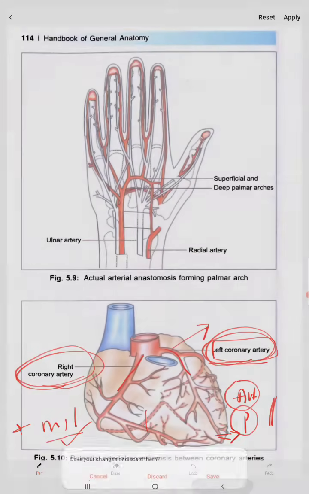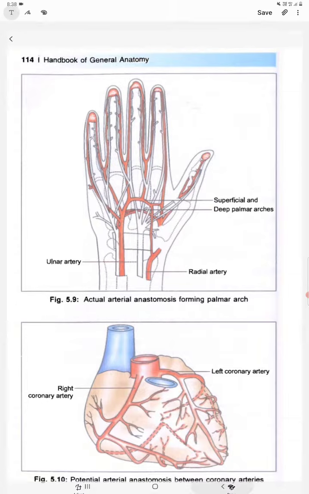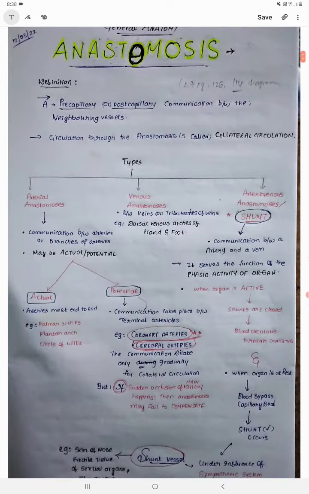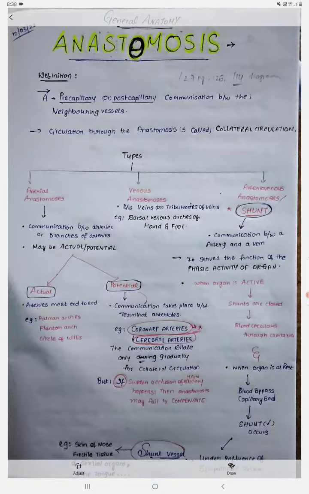So the potential arterial anastomosis will not fill up for the main artery, which it actually should do. The sudden occlusion means blockage of the main artery happens, then anastomosis may fail to compensate. So that's why heart attacks or heart failure will occur.